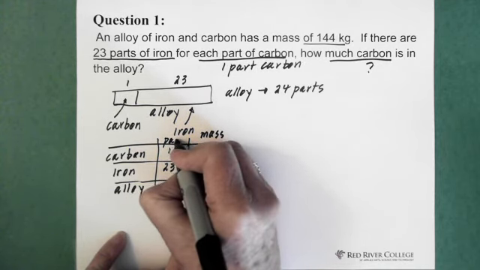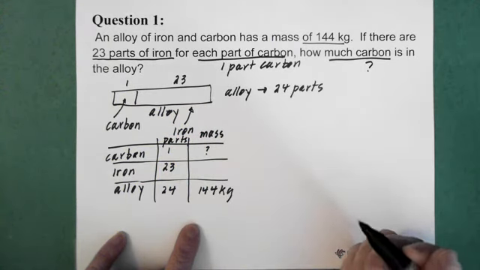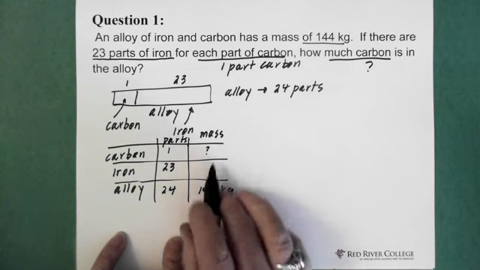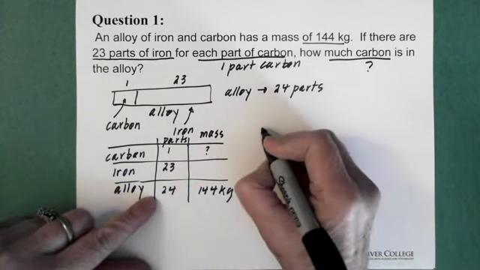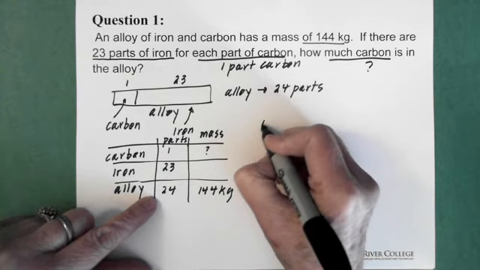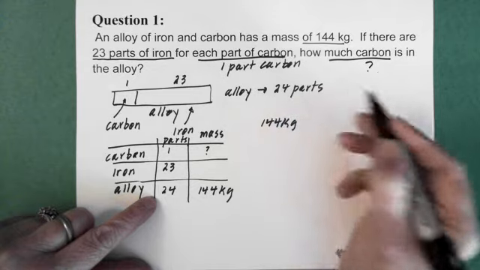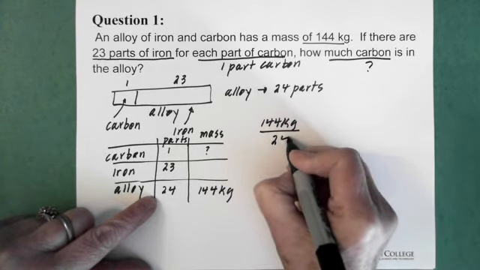Looking at this, we can see the relationships and our unknown. So then I can say that I have 144 kilograms of alloy and 24 parts.